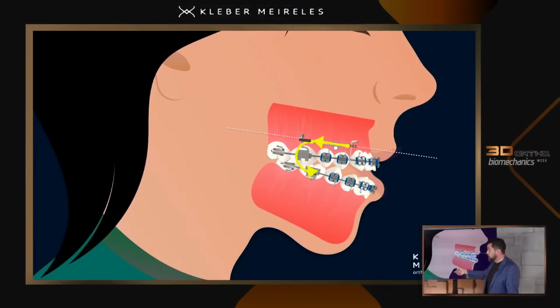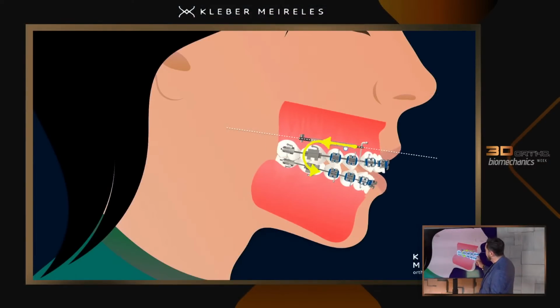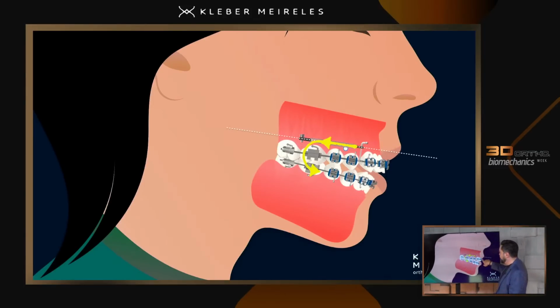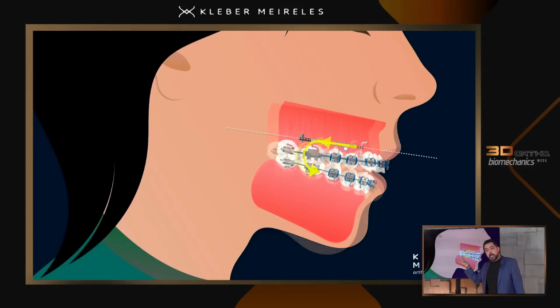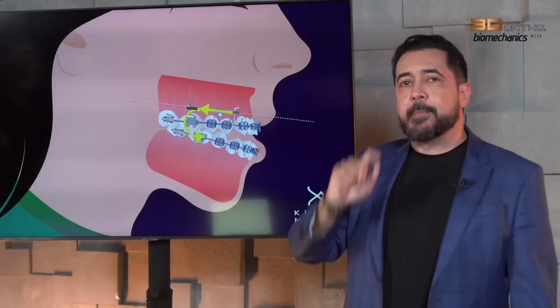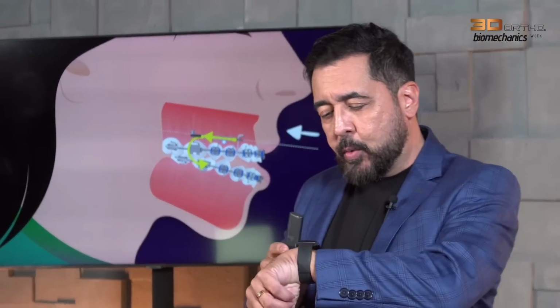Because if you do that, you're rotating the mandible down and backwards because of the rotation. Let me go again. The rotation of the maxillary occlusal plane may be good for anterior segment, but it's very bad for posterior segment. Look at that. Rotating the mandible down and backwards.